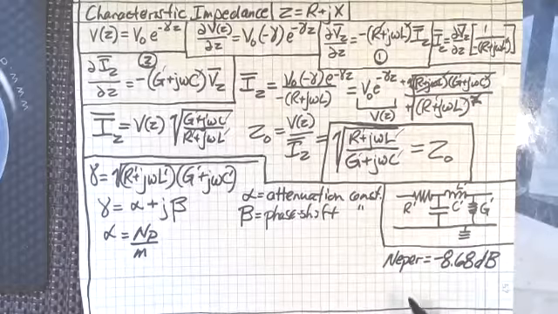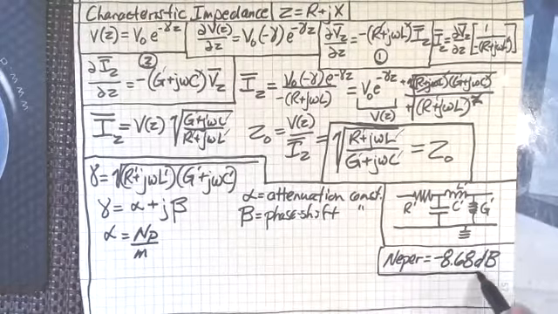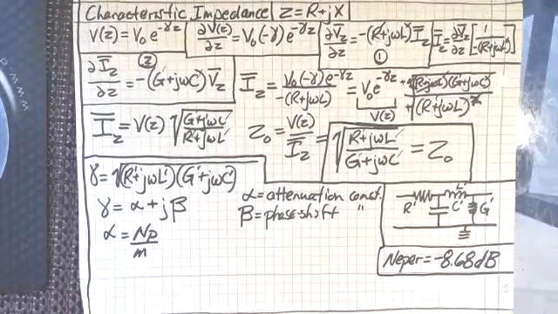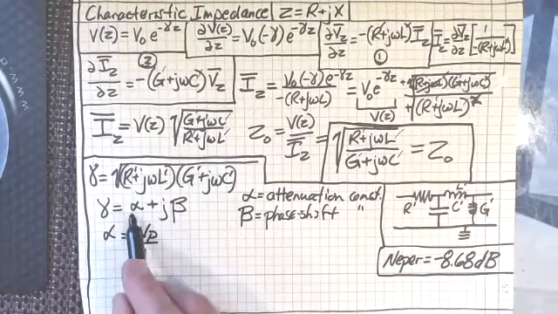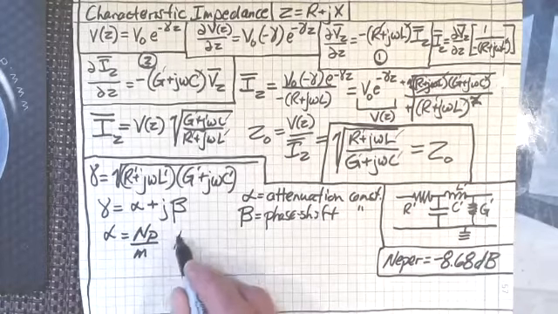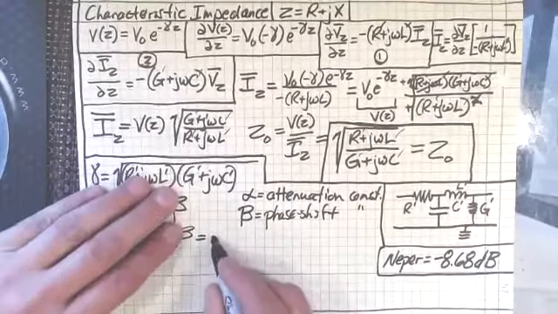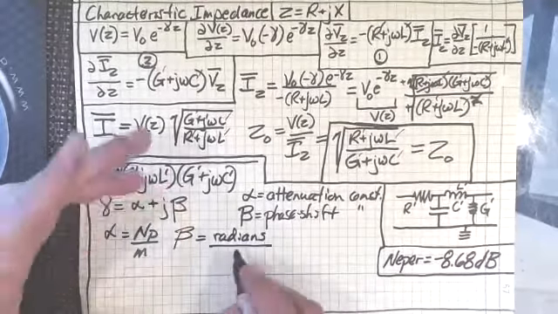I can't imagine that you guys don't know decibels like the back of your hands, but I'll talk a little bit about decibels too. But a neper is minus 8.68 decibels is what it comes out to. And that's what you're going to get when you do the math right. And then the phase shift constant is going to be in radians per meter.